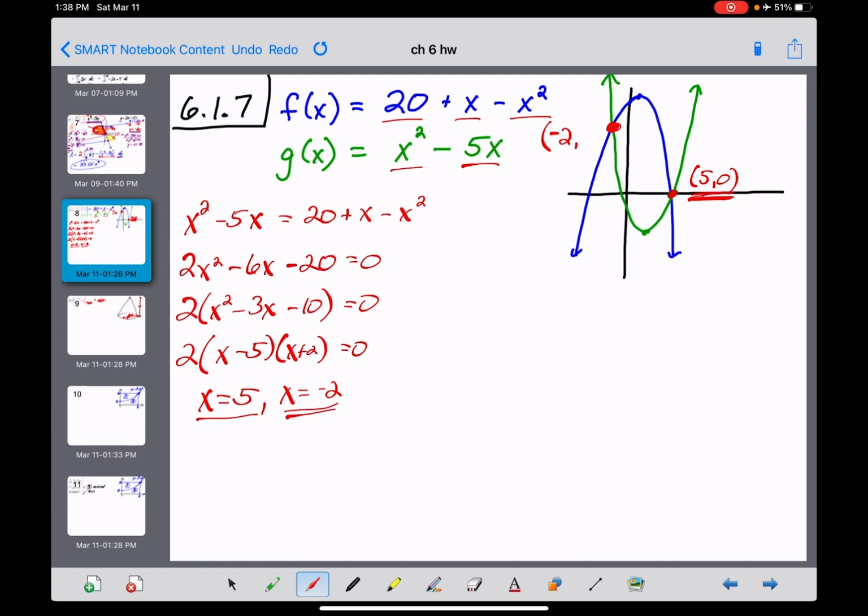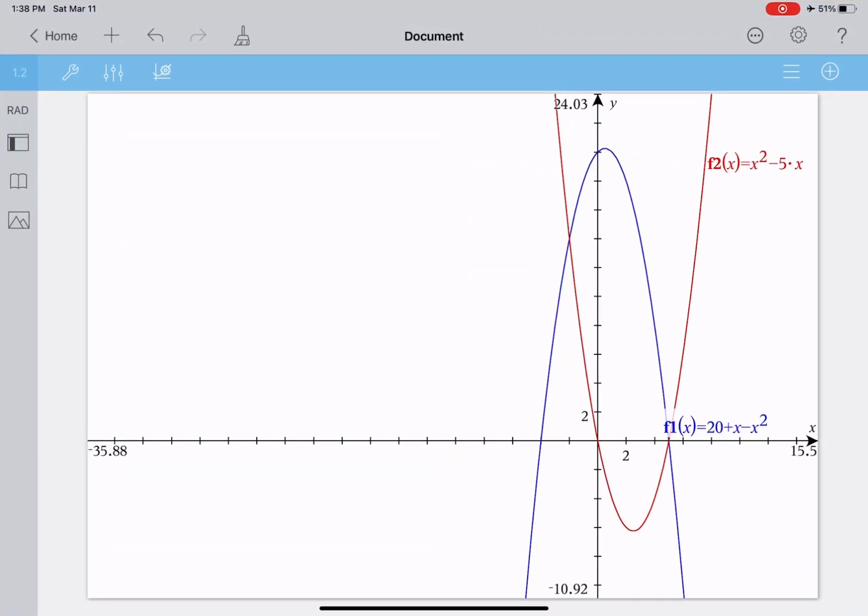I'll plug that into either function to get the y-coordinate. Negative 2 squared is 4, and negative 5 times negative 2 is positive 10. So that'll be 4 plus 10. It looks like we've got negative 2, 14 for that point. And if I look at the graph, 20, 18, 16, yeah, that looks good to me.